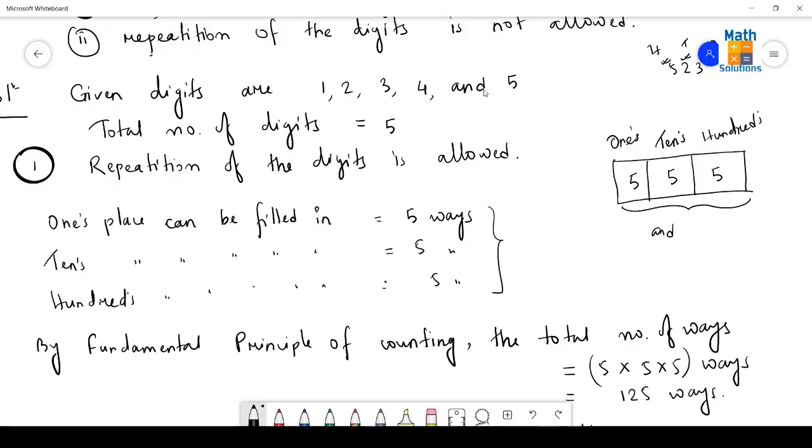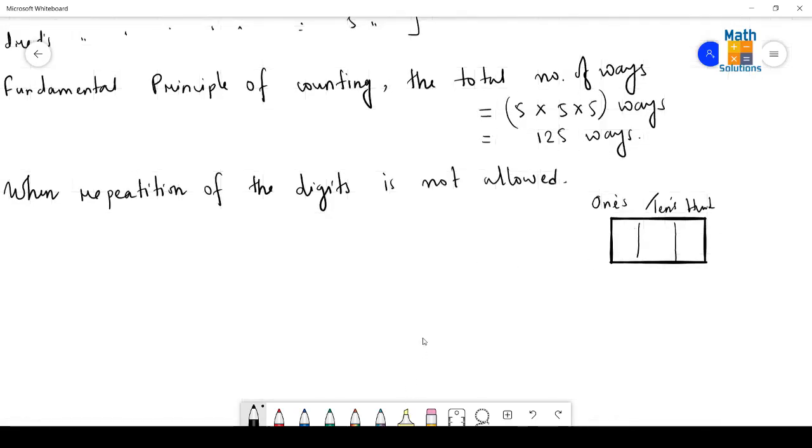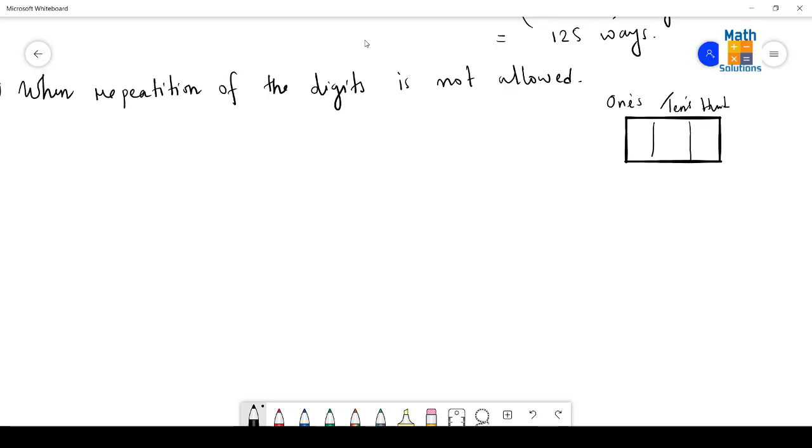So here in this case, for the second part, if ones place can be filled in 5 ways, I can write 5 here. Now for tens place, as it is mentioned that repetition of the digits is not allowed, whatever digit I have used in ones place cannot be repeated in tens place or hundreds place.